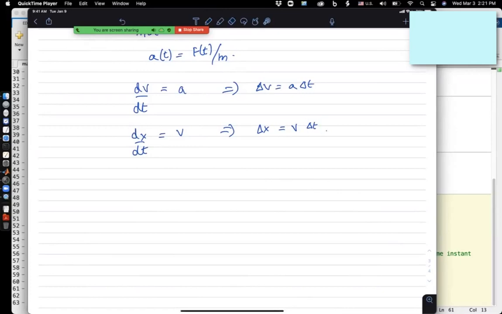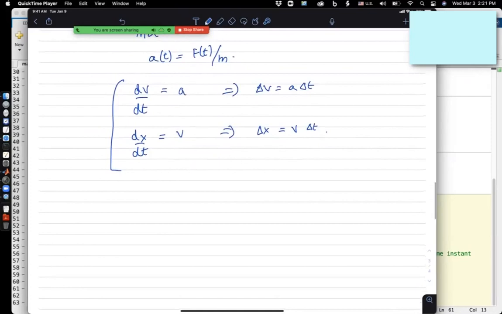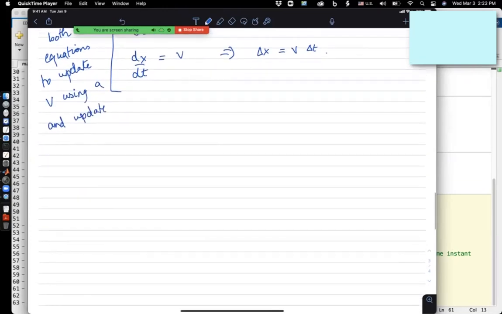So if you have a second order differential equation and you want, say, position as a function of time, you basically integrate. You use both these equations to update v using A and update x using v.